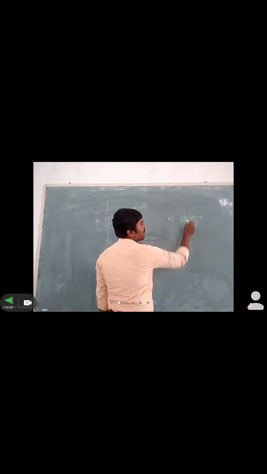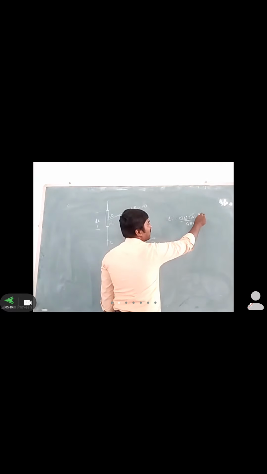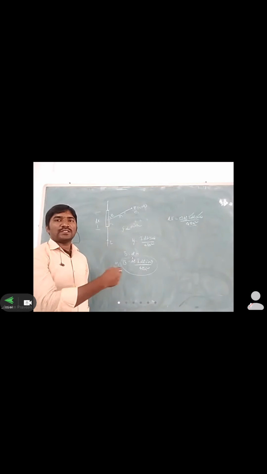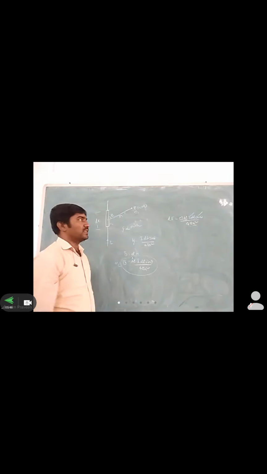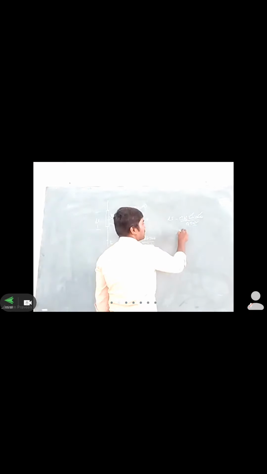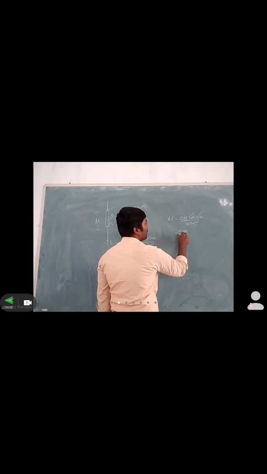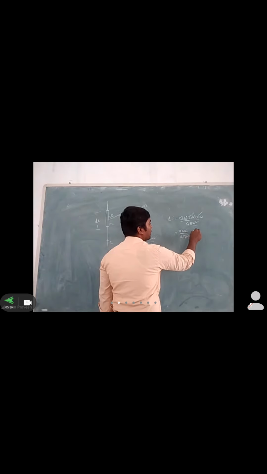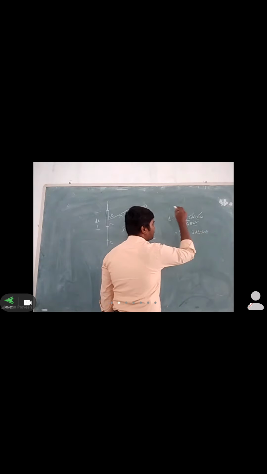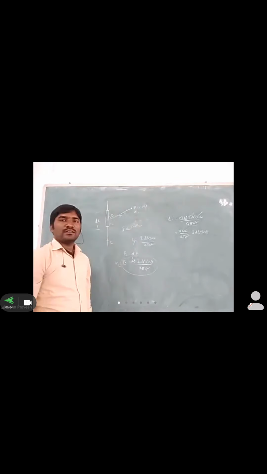The current is variable, and the angle between the conductor and the pole can be changed. So we separate the constant and the variable: m mu by 4 pi r square, and the remaining I into dl sin theta.